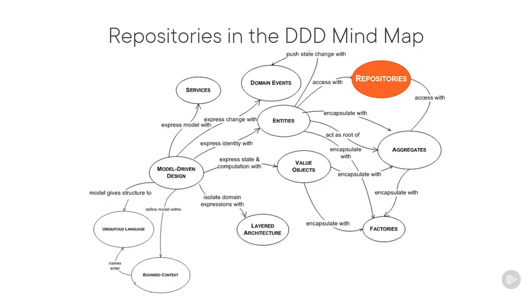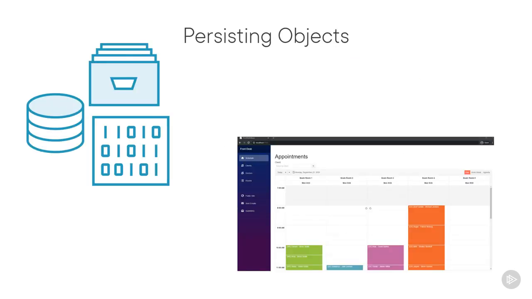You can see that repositories are part of the DDD mind map as they're used to access entities and aggregates. Any system that needs to persist between restarts has some kind of persistent storage for the state of the system, like a database. Many applications focus a great deal of effort on the mechanics of querying, fetching, and translating data to and from objects, to the point where it distracts from the model that these objects are meant to represent.